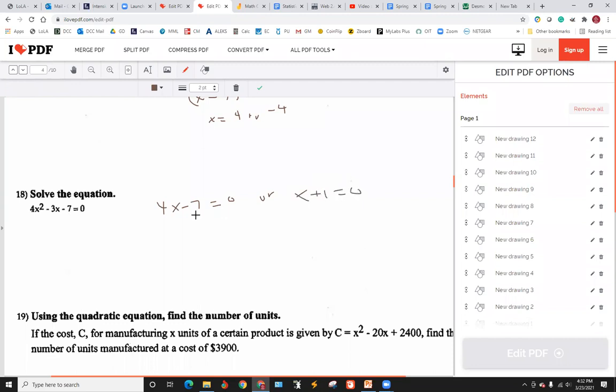So there's the two factors. 4x minus 7. You can go through factoring by grouping to do it, but I'm trying to cut things short. But you've got answers over there, at the bottom on this one.